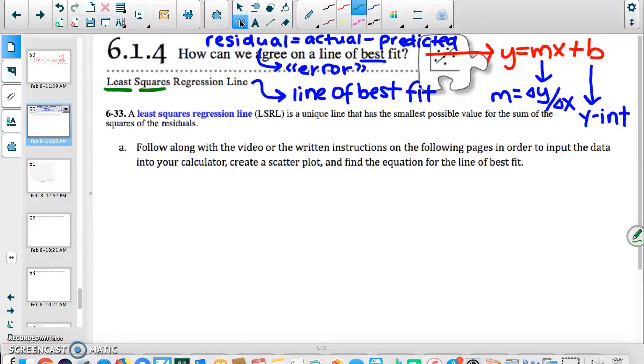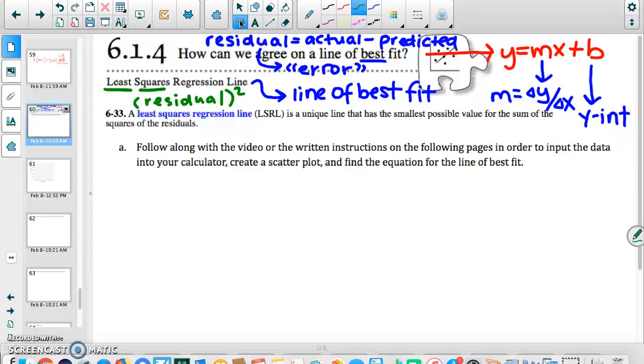Squares is actually how your calculator calculates the smallest amount of residuals. It actually takes each residual, squares it, and adds it together. And then it figures out, how do I minimize all of those residuals squared? So that's why it's called least squares regression line.